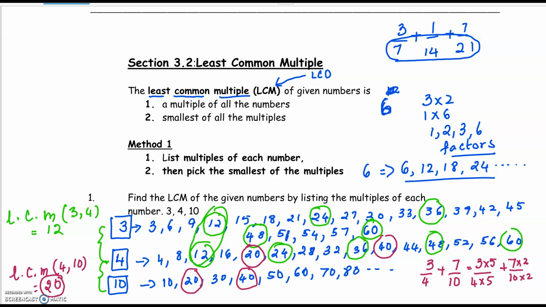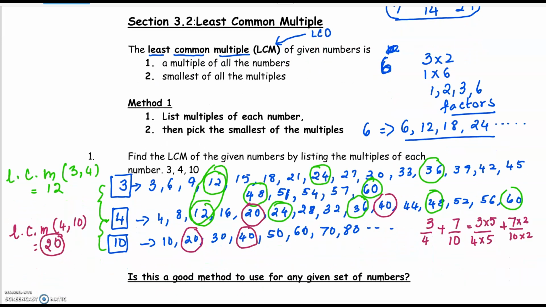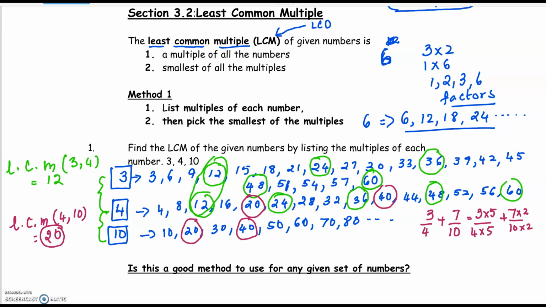And this is how we get a common denominator. We haven't changed anything. 5 over 5 is a 1, 2 over 2 is a 1. We have not changed the fractions. We have just written the fractions in a different way, so they can be written with a common denominator. And this is how we can add the two fractions and come up with the final answer. So that would be 29 over 20. So that's what a common denominator is used for.